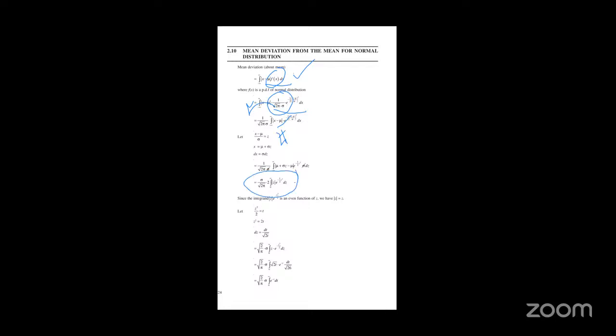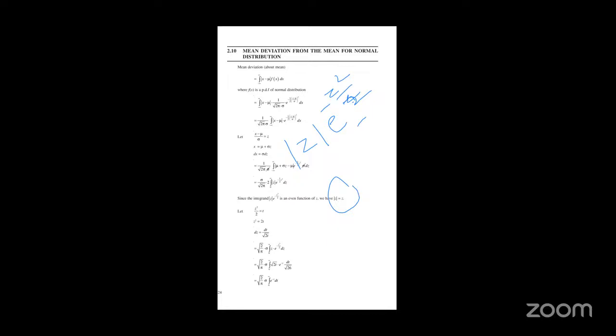So again, for this value, I'll show you. Mod z e power minus z square by 2. They are taking minus 1 by 2 z square, or z square by 2, it is the same. So mod z is equal to z, right?